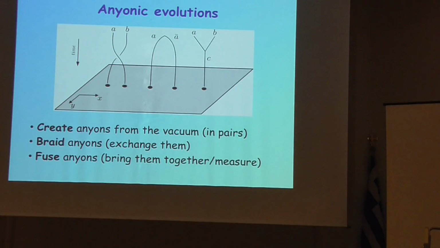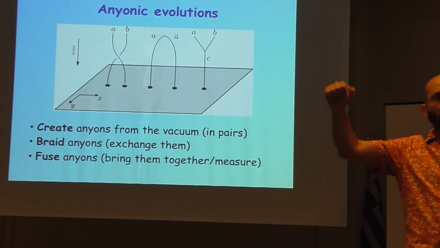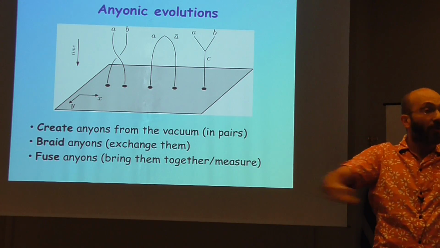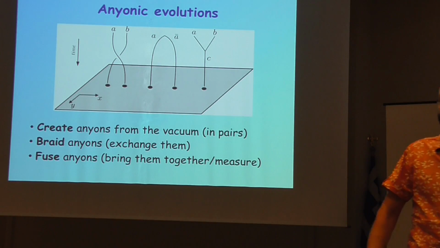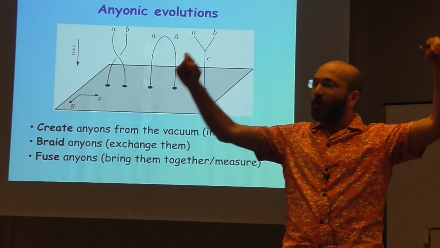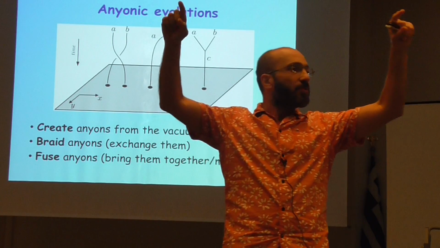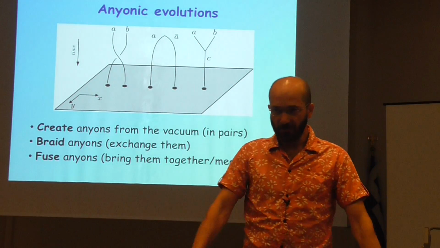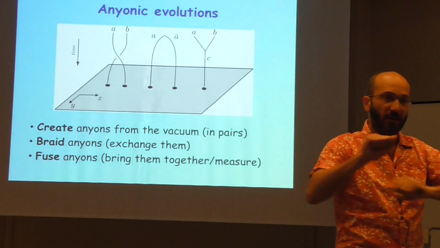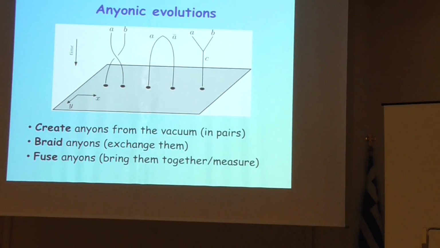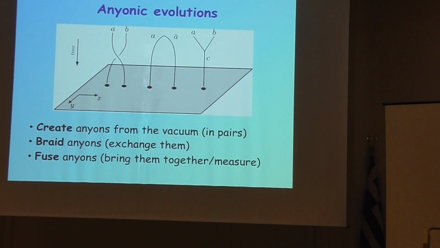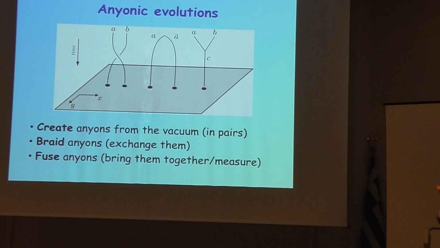So we can create these vortices, these anions, let's say, on the 2 dimensions, and it's important if they're braided or not. So we will keep track of their position by drawing the world lines. Okay? And if the world lines are entangled, then we have an evolution, a braiding evolution of the anions, the wave function is changed or not.